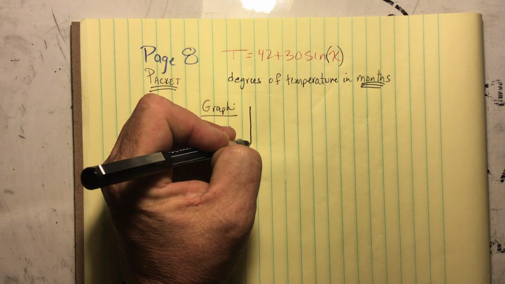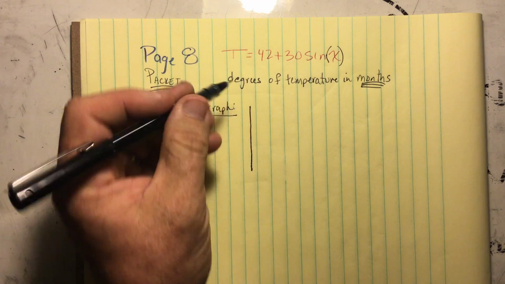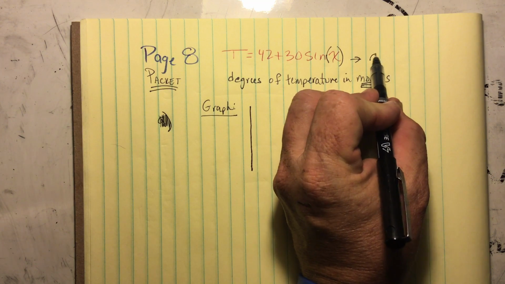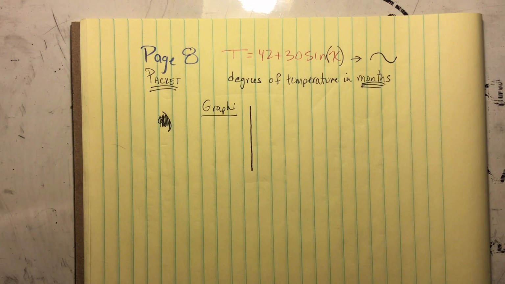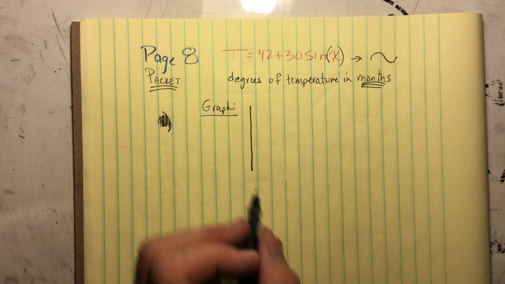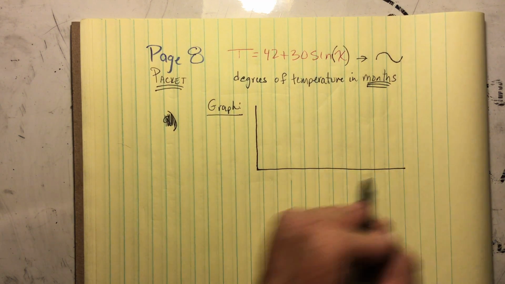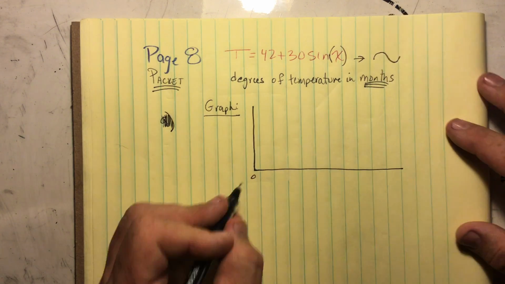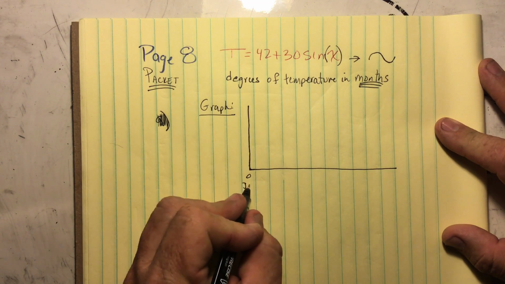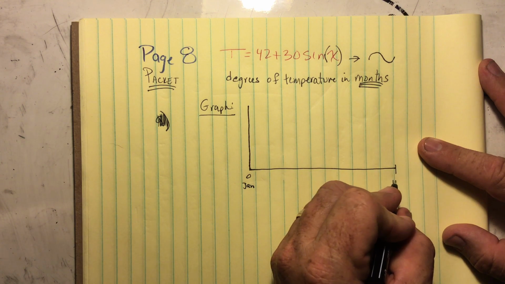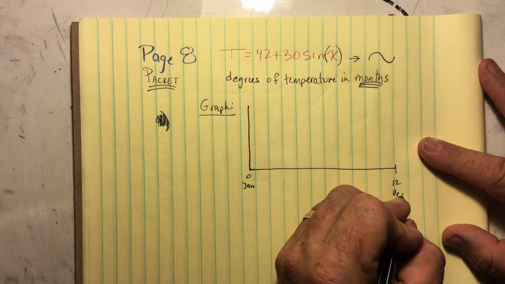If I look at this, I know number one that it's a sine graph. So my graph is going to look like this. So I know the shape of it. Number two, I have 0 months here for January, and I have 12 months here for December.